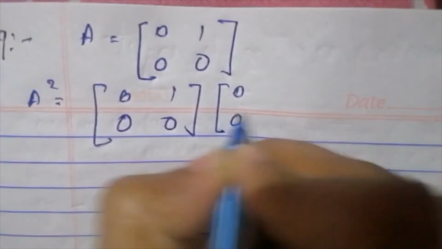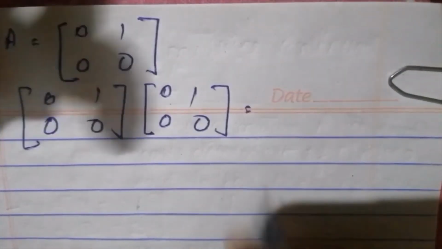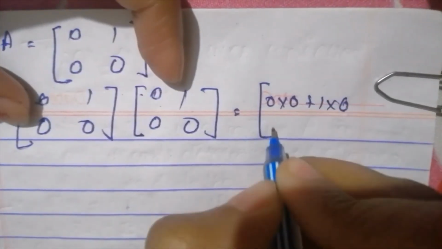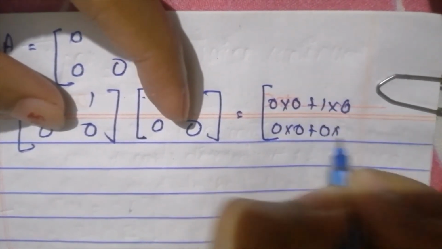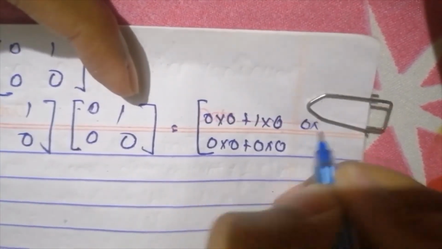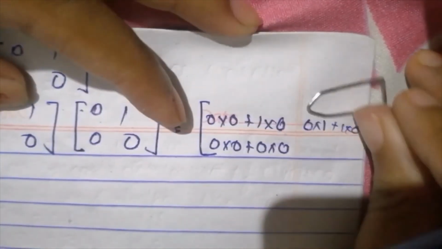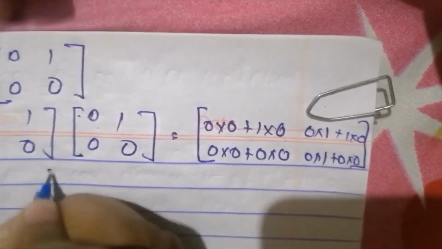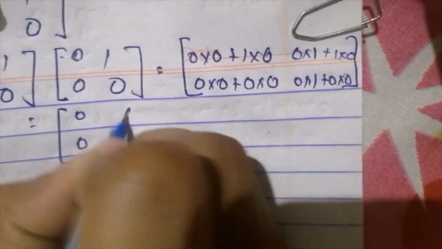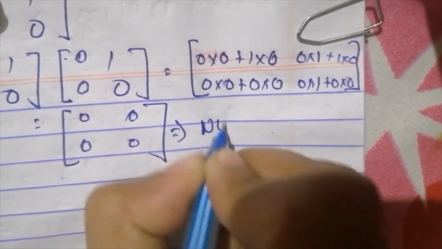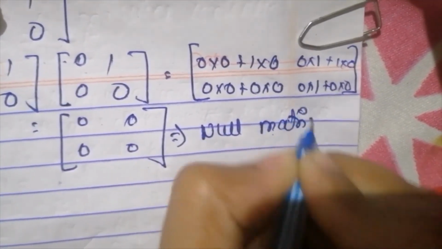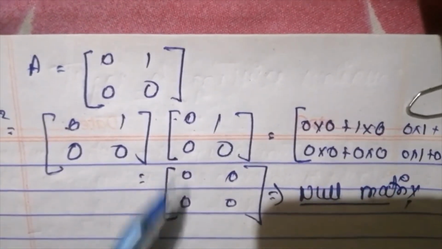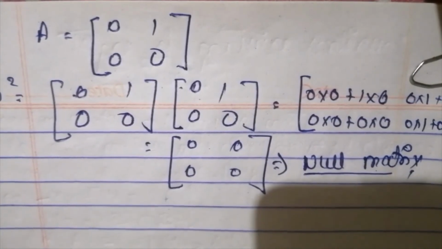When we take its square, we have 0 into 0 plus 1 into 0, 0 into 0 plus 0 into 0, 0 into 1 plus 1 into 0, 0 into 1 plus 0 into 0. Then we have 0 0 0 0. This is our null matrix. So in this example, A is known as a nilpotent matrix.